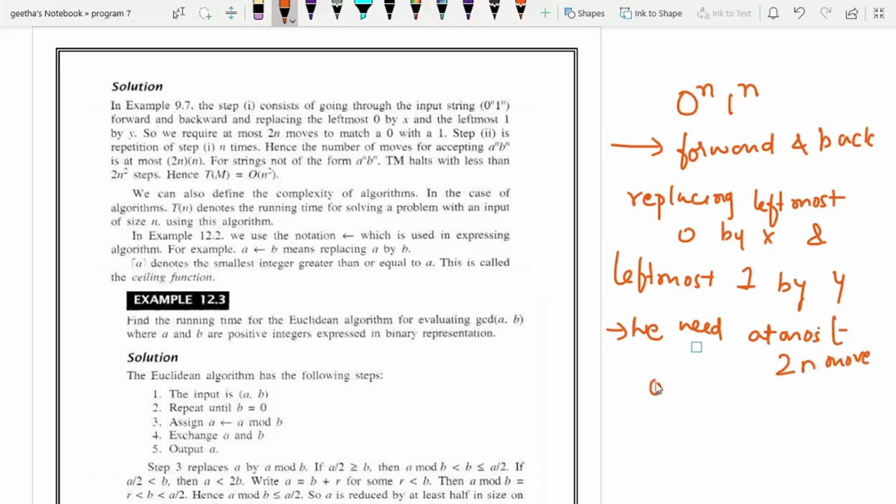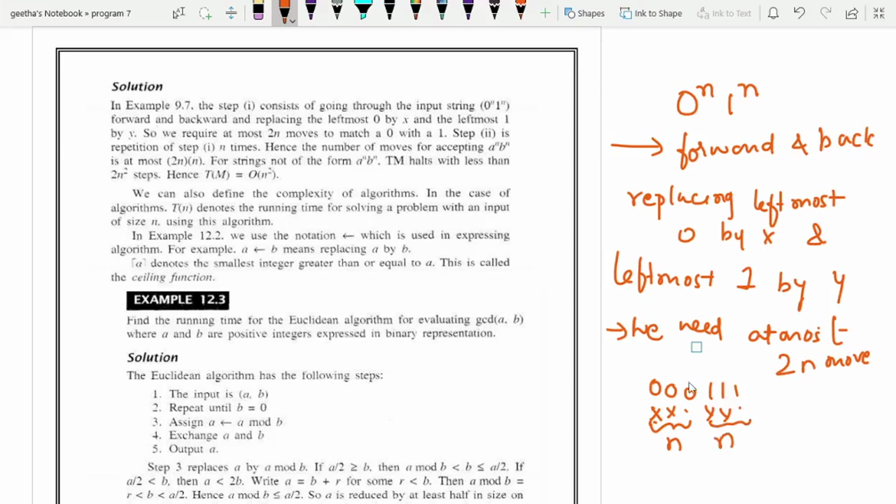So let's imagine 0, 0, 0 and 1, 1, 1. Suppose these two 0s are changed already to x x, and this one is changed to y. Now the leftmost 0 is this. To reach it, it has to take n moves, and to reach the leftmost 1, how many moves?